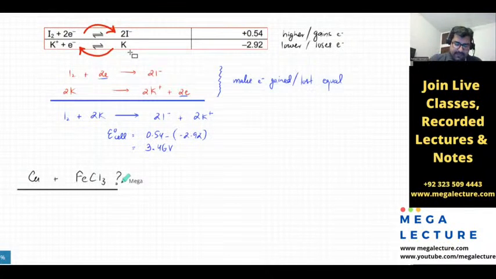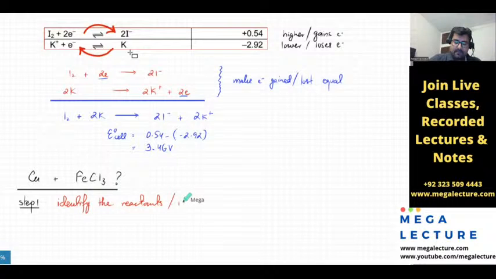So the steps for this are, step number 1, first identify the reactants. We have to identify the reactants, specifically the ions.